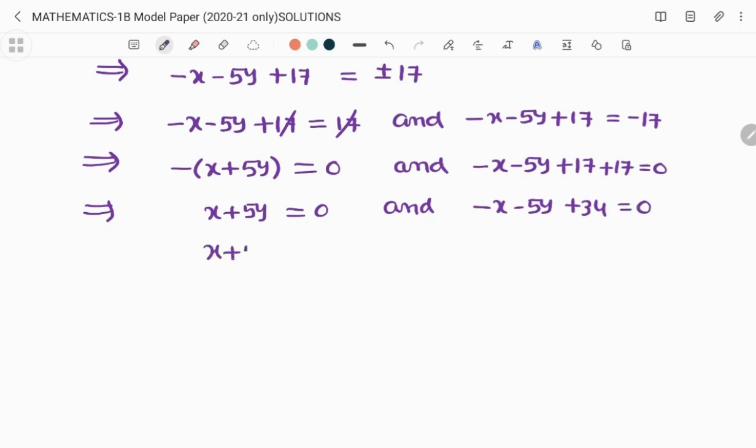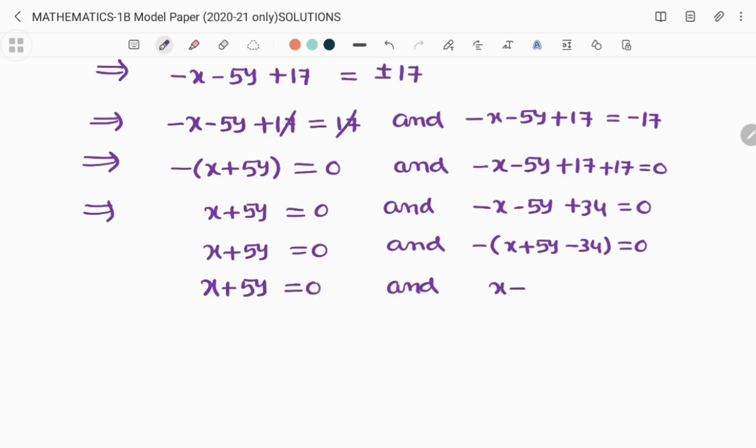So x plus 5y equal to 0. Take common minus from the second equation: x plus 5y minus 34 equal to 0. So we take the minus to the other side. You will get x plus 5y equal to 0 and x plus 5y minus 34 equal to 0. Last, the conclusion step you need to write.